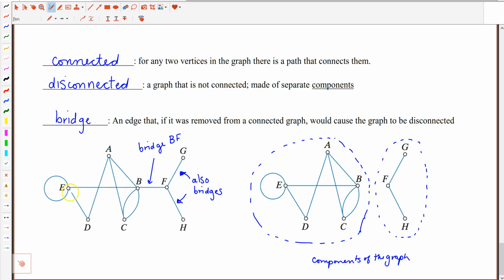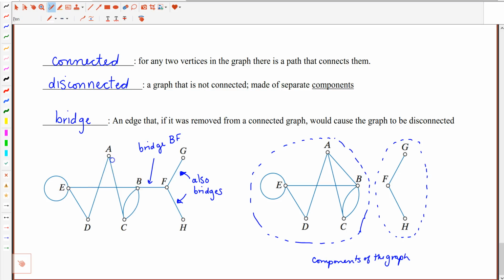What about this edge right here from D to E? If I were to remove that one, is it still possible to get from, for instance, G to E, or H to D? Yes, it's still possible. So that edge is not a bridge. And you can do that with any of these other edges.